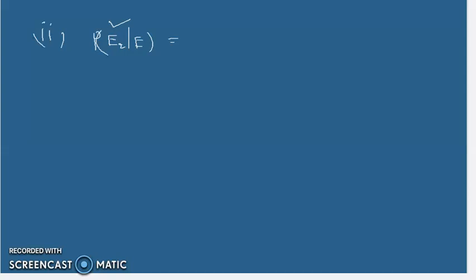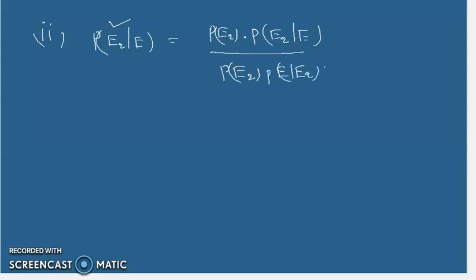Okay, so what does the Bayes theorem state for that? P of E2 into P of E by E2, divided by P of E2 into P of E by E2 plus P of E1 into P of E by E1.